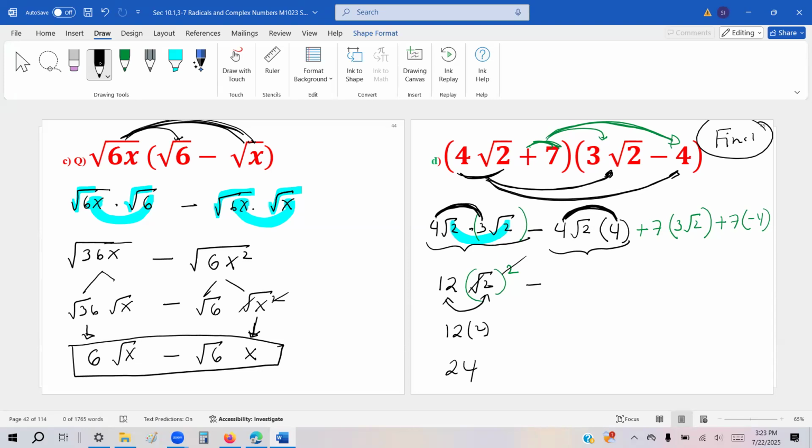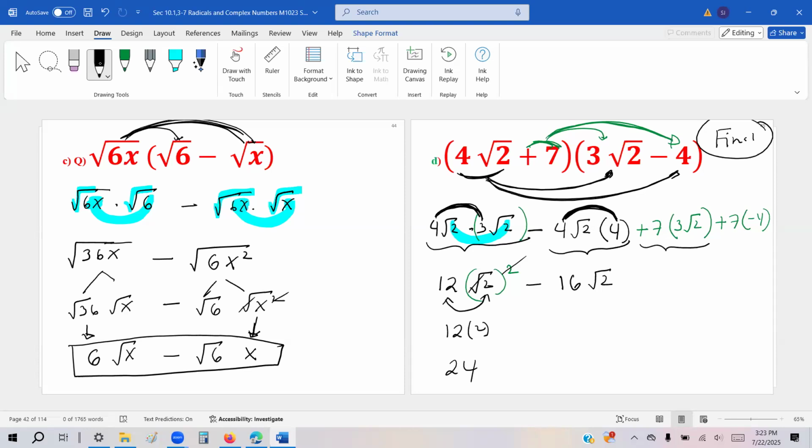What do you have? 4 times 4? 16. And there is only one radical, which is radical 2. So when you have 2 radicals, as long as the inside is the same, use the square. If the insides are not same, then multiply them. For example, here, the insides are not same, so you multiply them. But here we have radical 2 times radical 2, so it's radical 2 squared.